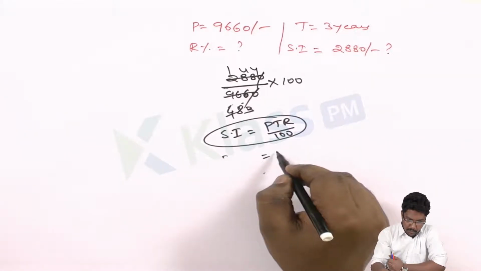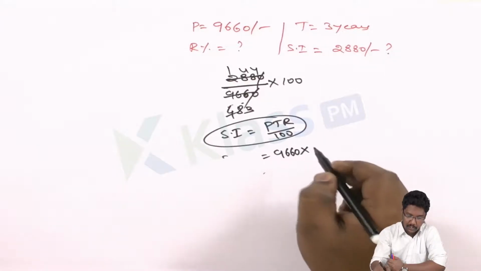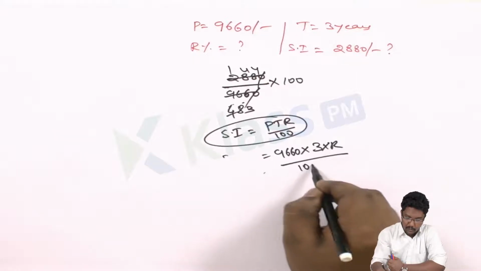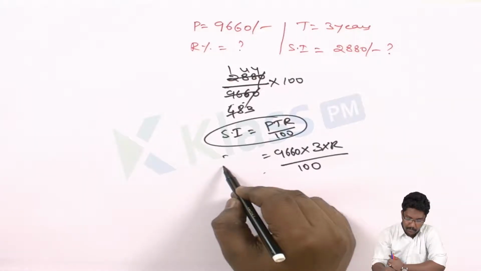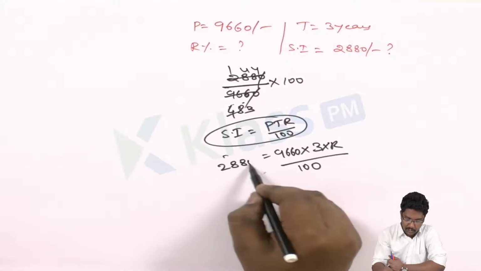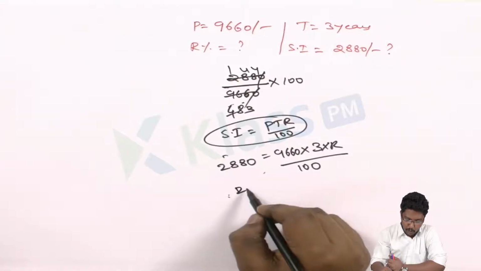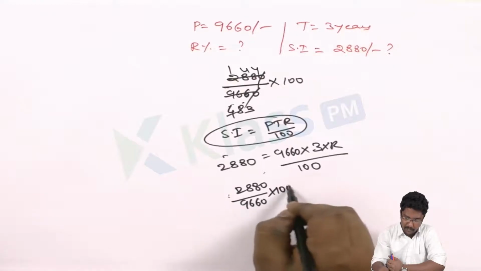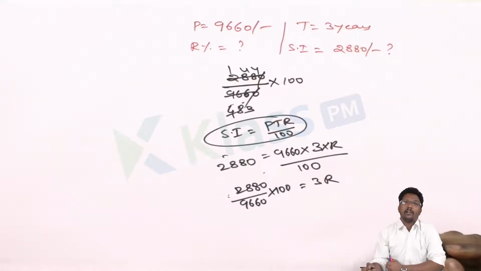We know the principal 9660 rupees. Time period is 3 years. Rate of interest we don't know. Then we are going by 100. Then simple interest is 2880 rupees. So 2880 by 9660 into 100 equal to 3R.